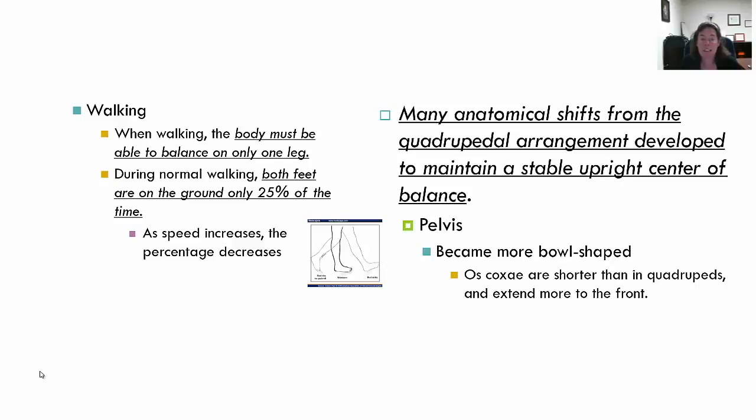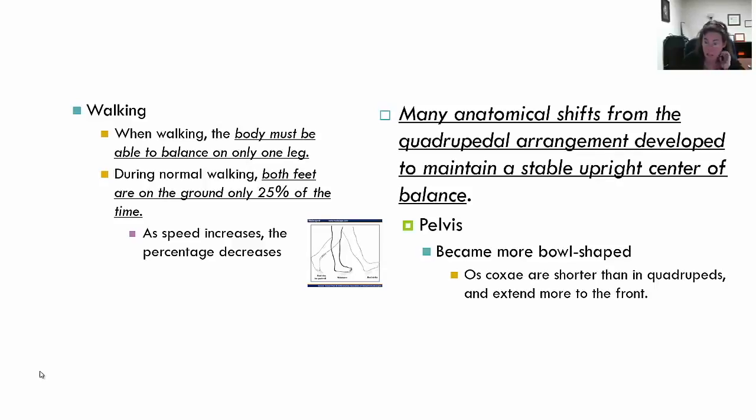As speed increases, that percentage decreases. Consequently, there have been many anatomical shifts from the quadrupedal arrangement developed to maintain a stable upright center of balance. So to have a stable center of balance, there have been structural anatomical changes from a quadrupedal form of locomotion to other forms of locomotion to maintain your center of gravity.